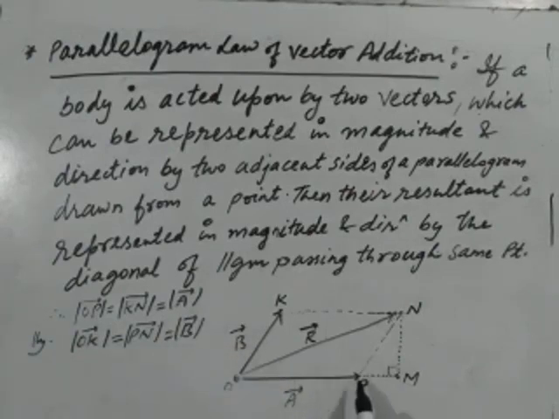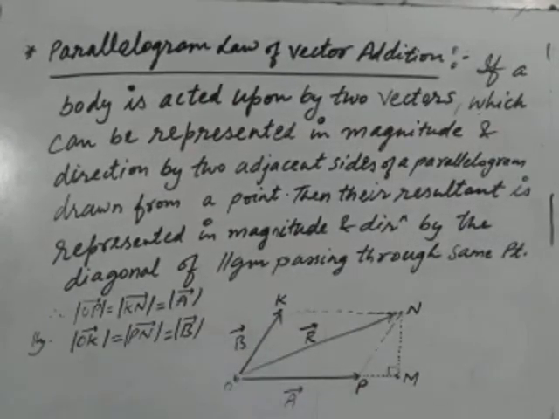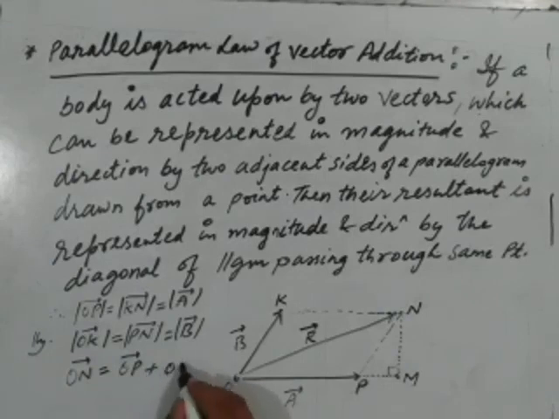So using this method, if we apply parallelogram's law of vector addition, then if R is the resultant, we can write it as ON vector equal to OP vector plus OK vector.